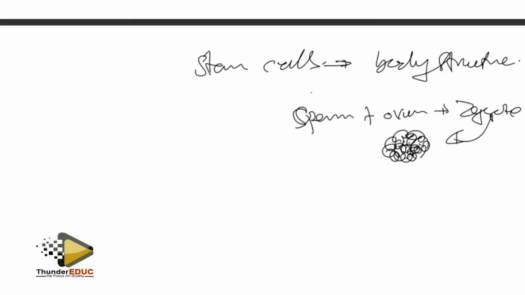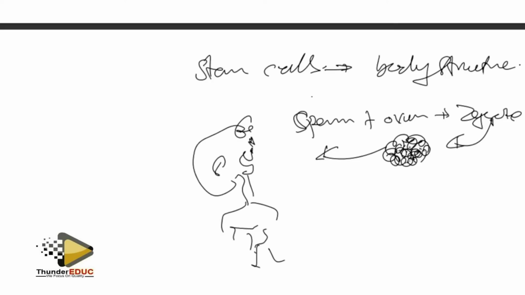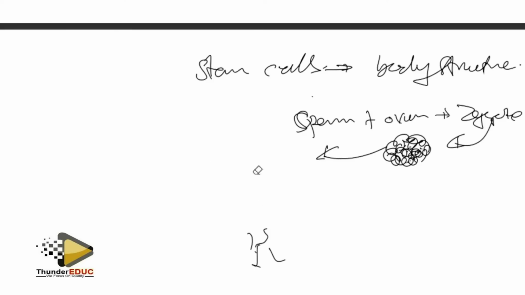It's just a ball of cells. These cells have the ability to divide again to form other body structures. And then you have the eyes, the ears, everything. So we call them stem cells. Those are cells which have the ability to divide to form other body structures.